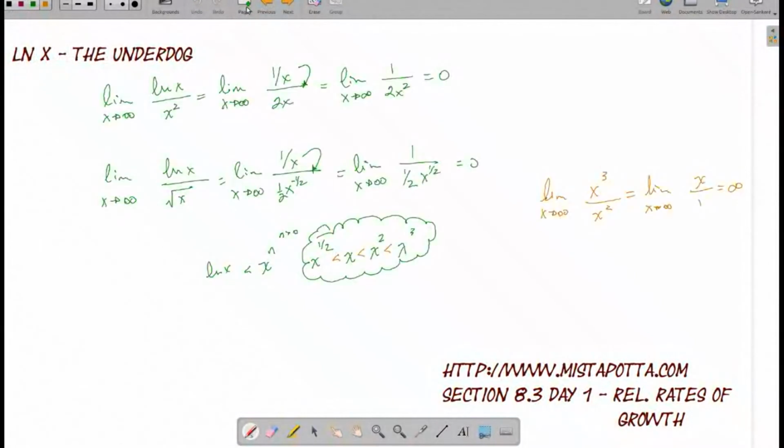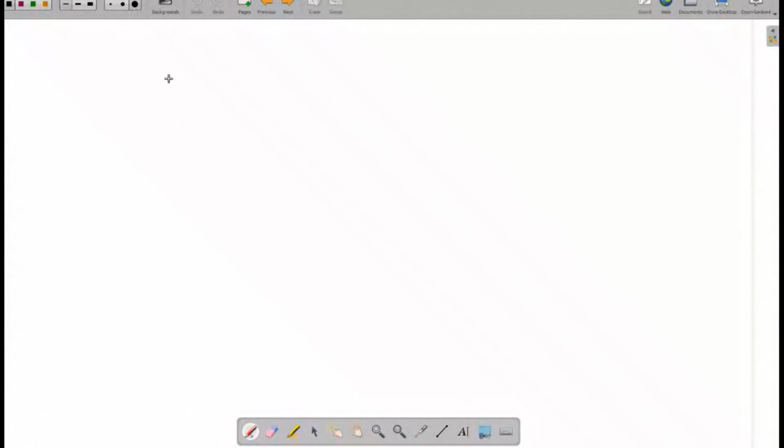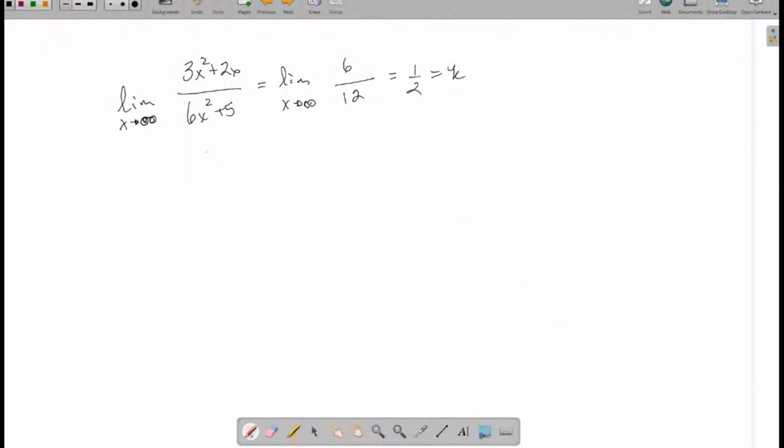So looking at this from the grand scheme of things, let me go ahead and add a blank page in here. If I want to compare polynomials like 3x squared plus 2x and 6x squared plus 5, and I look at the limit as x approaches infinity, even though 6x squared is always going to be bigger than 3x squared for any value of x, if I take a look at this limit using L'Hopital's rule twice, that's going to give me 6 over 12, which is just 1/2.